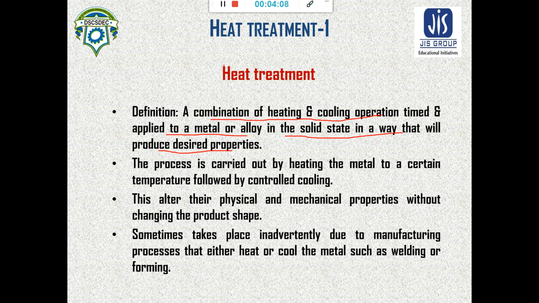Any property of a material comes from its microstructure or its crystal structure, and the change in crystal structure or microstructure can be done by using heat treatment. So the definition is: it is a combination of heating and cooling operations timed and applied to a metal or alloy in the solid state in a way that produces our desired property.